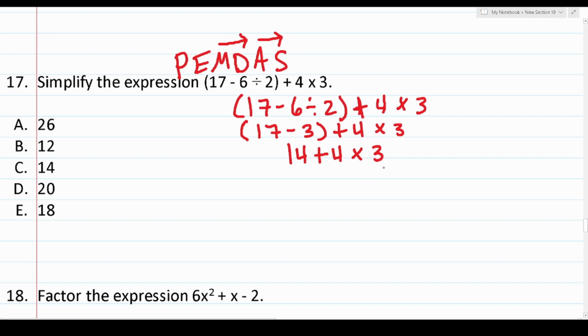So we're going to do 4 times 3 next. So this becomes 14 plus 4 times 3 is 12. And now we only have one operation left, notably 14 plus 12, which is 26. So the answer to this one is 26, and we had to use the order of operations to get there. Okay, so that's that one.